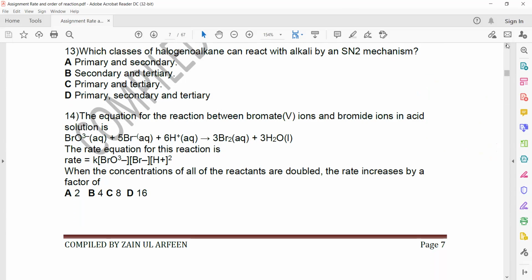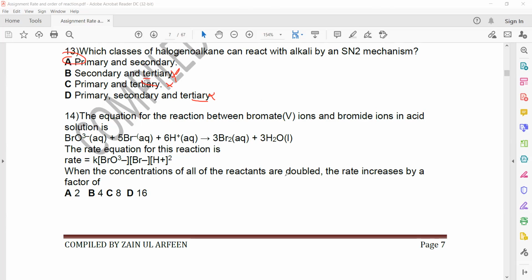That's A, because tertiary is always SN1. With secondary, some can have SN1, some can have SN2, but for primary it is always SN2, and for tertiary it is always SN1. So all the other options B, C, and D have tertiary, so they cannot be. That's why A is the right answer.